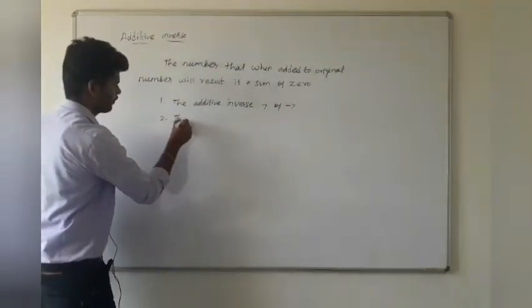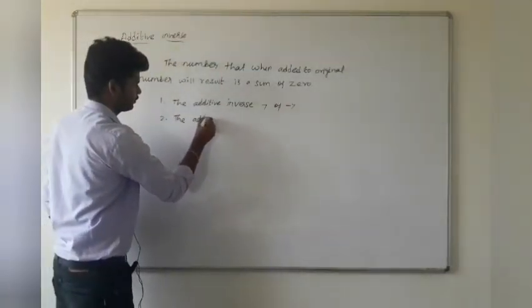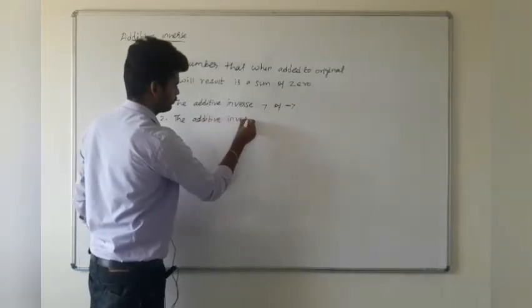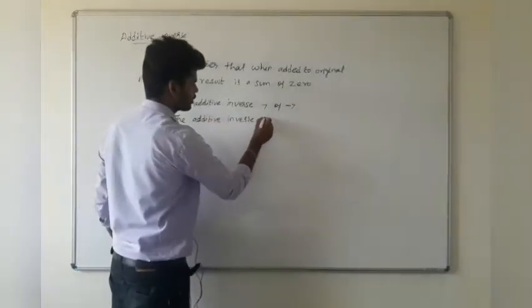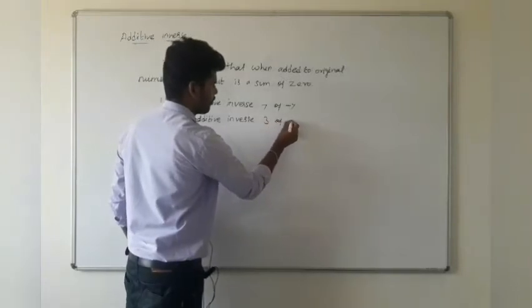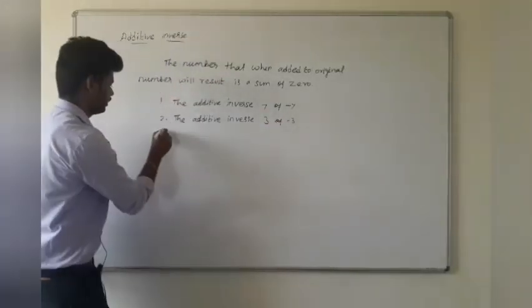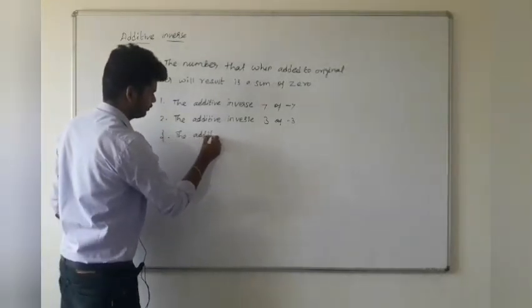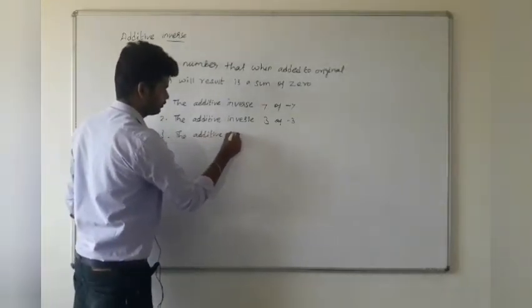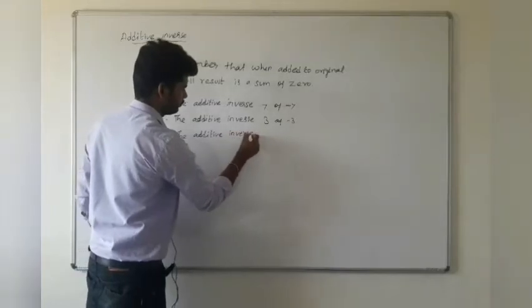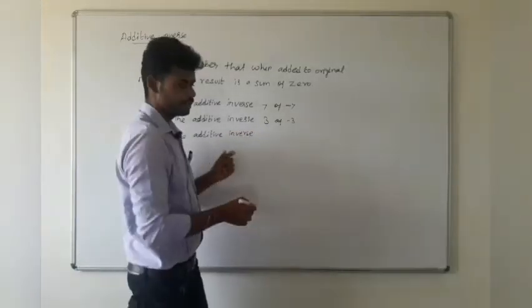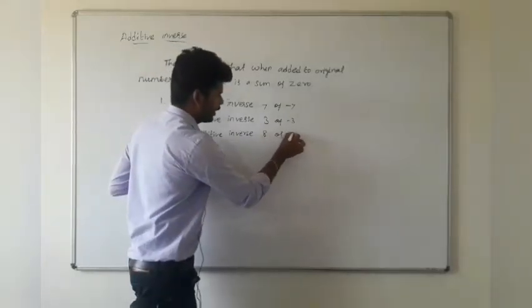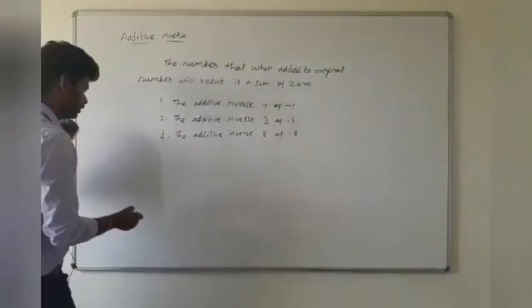Second one, the additive inverse of 3 is minus 3. The additive inverse of 8 is the opposite, minus 8.